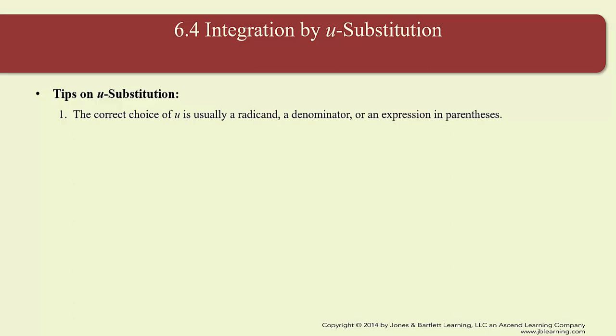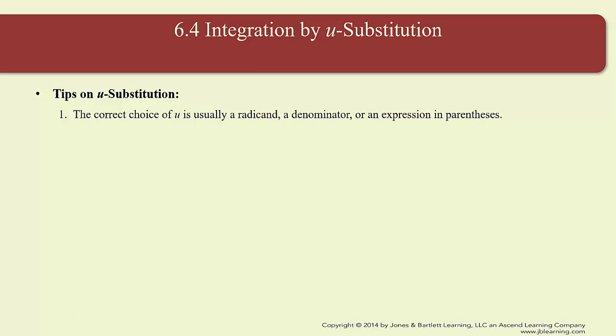Stuff in the denominator or in an exponent position, you won't see until section 6.5, the next section. But generally speaking, try to let u equal what's inside parentheses, under a radical, in the denominator, or if it's a function, in the exponent position.